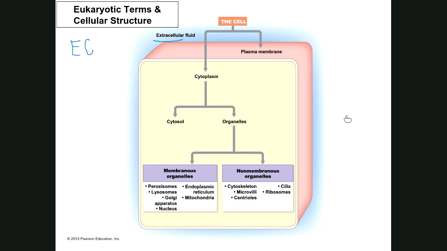However, what you definitely will find making up part of that extracellular environment is what we call extracellular fluid. When we get into membrane transport in Chapter 5, you're going to hear me talk about ECF, extracellular fluid.